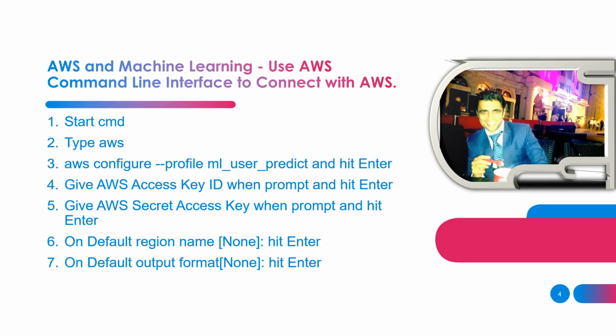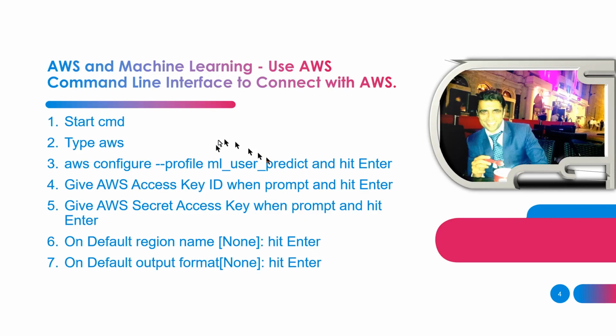To accomplish these tasks, I give you a roadmap in steps. The first step is we will open the command prompt, and then we'll type aws configure. For the profile, you will be using ml_user_predict. I will be using something a little bit different, because when I do this task I have to show the access key ID and the secret access key.